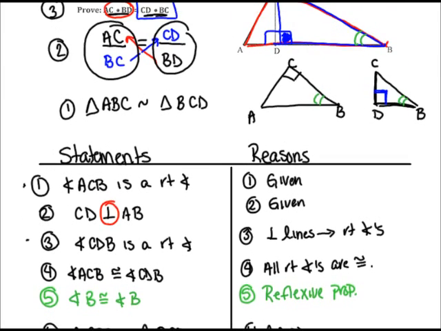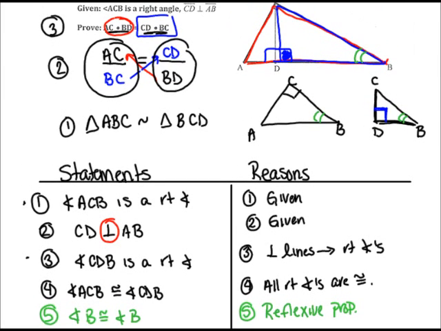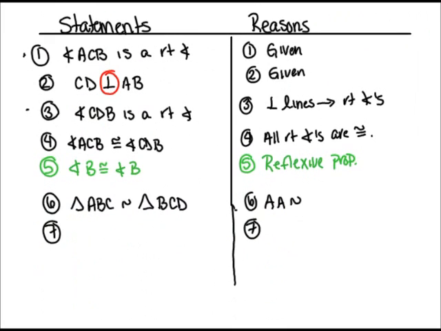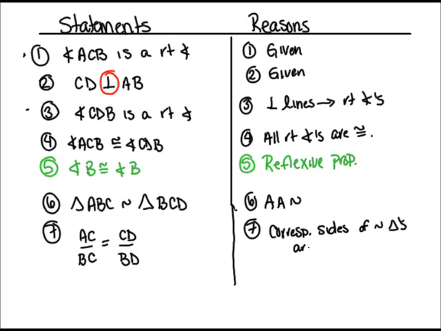And again, looking back at the top, we figured out what the proportion was by undoing that cross multiply. So I can say that AC over BC is equal to CD over BD, for the reason that the corresponding sides of similar triangles are proportional.